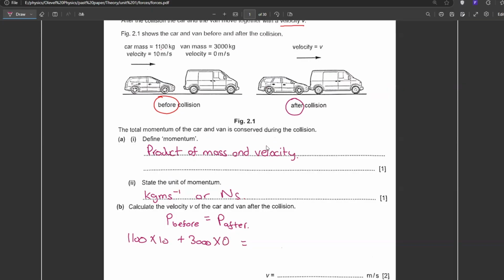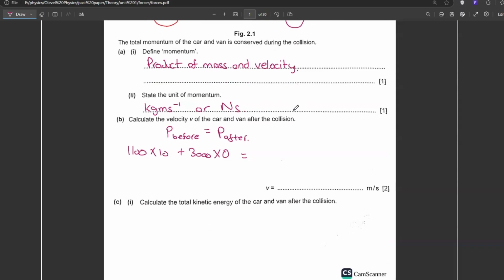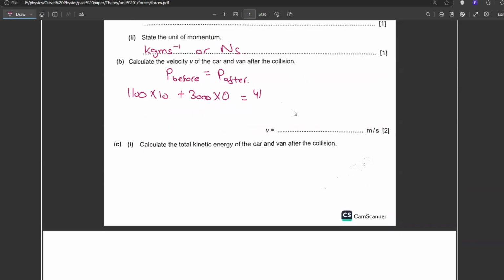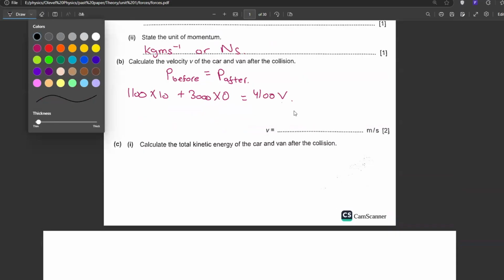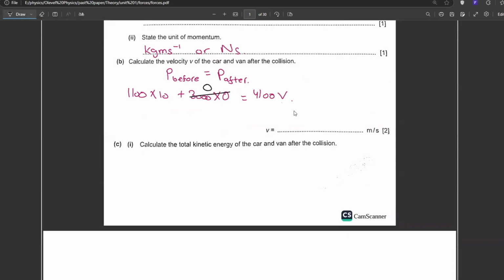Your momentum after collision will be what? Mass of 3000 kg plus 1100 kg, because they are both connected together, multiplied by the velocity v, 4100 v. This entire thing will become what? 1100 multiplied by 10 divided by 4100, the velocity comes out to be 2.68 m/s. Simple as that.